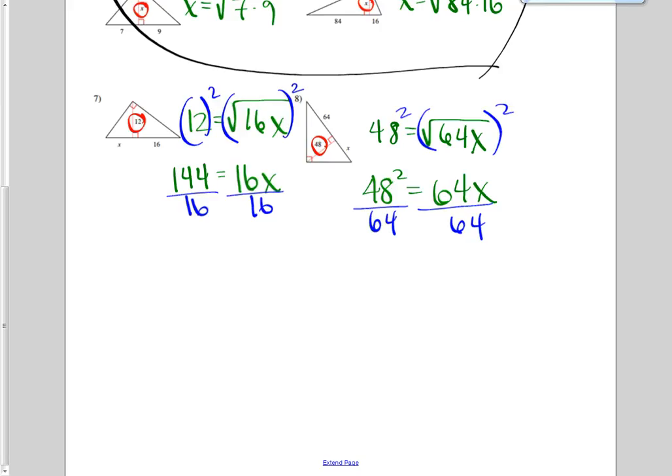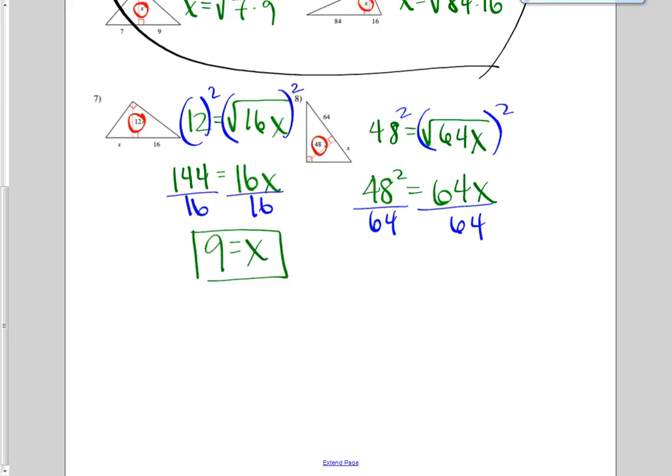And then you can put whatever in this one. 144 divided by 16, I think it's 9, and I don't know this for sure. Let me just put it in the calculator real quick. So I've got 48 squared is 2,304, divided by 64 is 36.